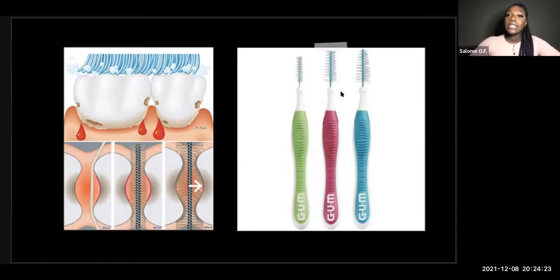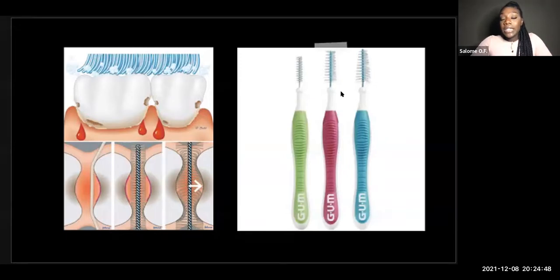And I also want to mention, besides the fact that you want to use a soft toothbrush, you want to use a pea size. So the vegetable pea, you want to use that small amount of toothpaste when you're brushing your teeth. And many people always ask, "Oh, what toothpaste should I use?" My personal opinion on that is that it really doesn't matter. It's more about your technique with brushing your teeth.